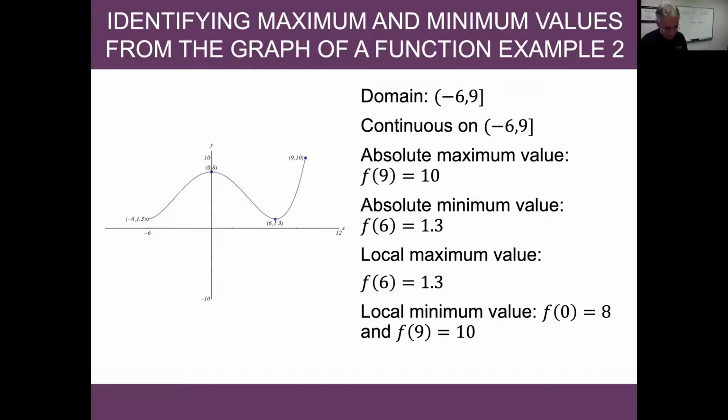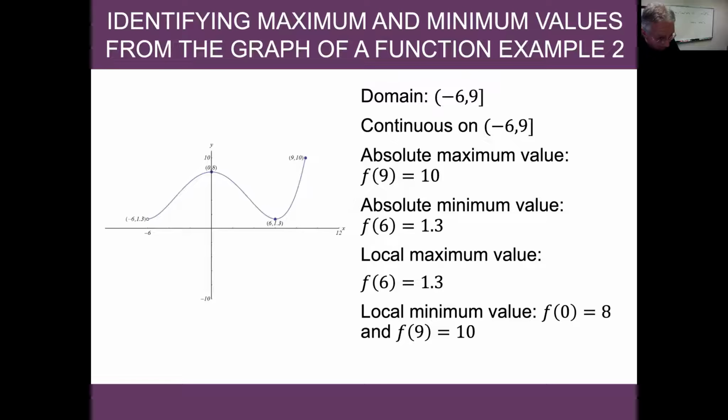All right, that's the key idea there. It looks like there's a typo there on the screen. It says local maximum value 6, 1.3. That should be absolute min and local min, the two situations there. And a local maximum, wow, they got another typo. The local max is at x equals 0, and at x equals 0, the y value of 8 is a max.